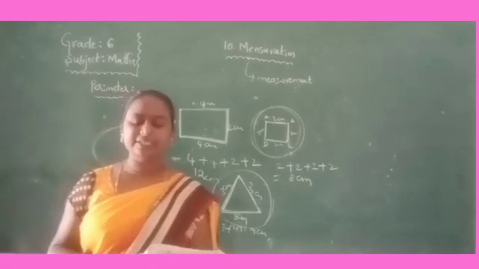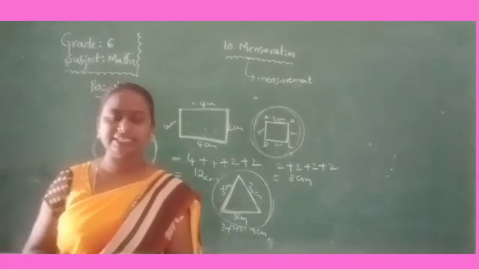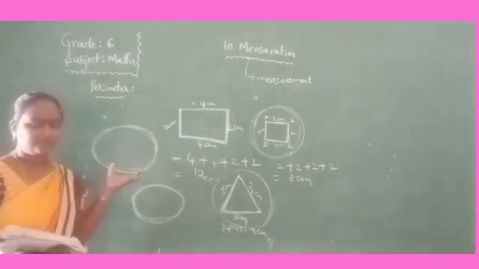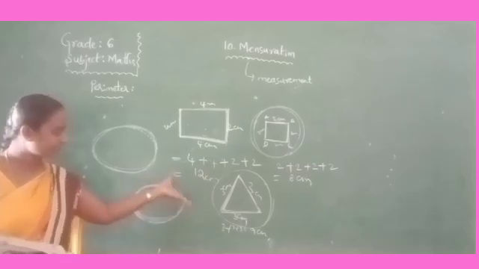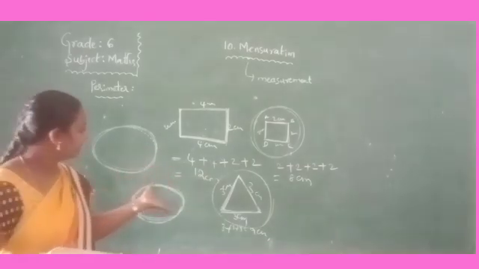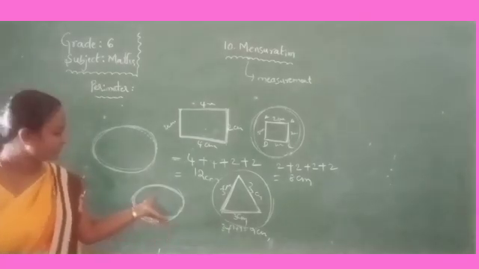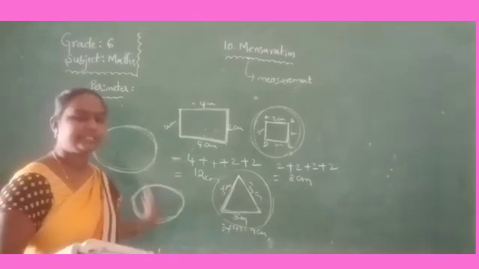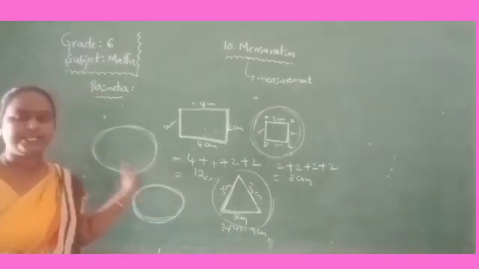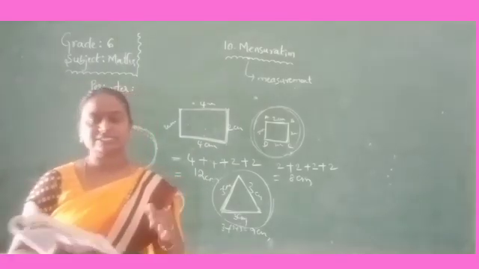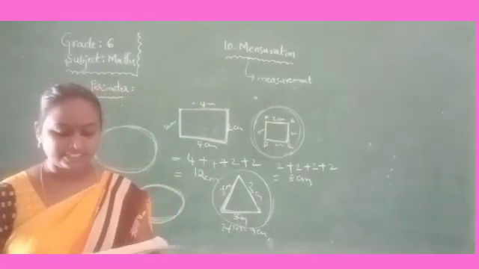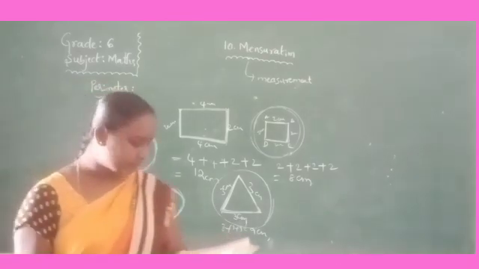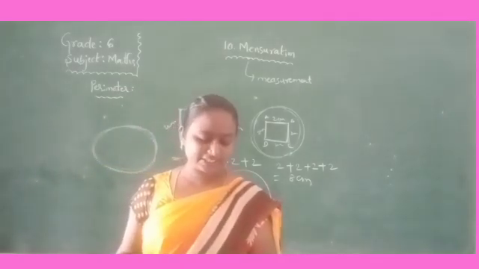The idea of perimeter is used in our daily life: an engineer building a compound wall around his house, a farmer fencing his field, and a person preparing a track for sports. These are all based on the idea of perimeter. So this is the use of perimeter. Children, take your textbook. See page number 206, where the uses of perimeter are given.